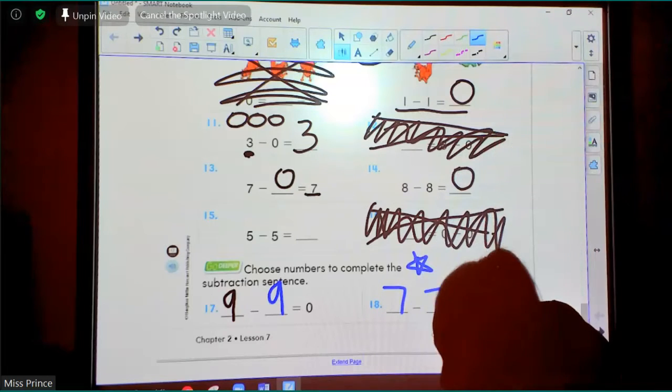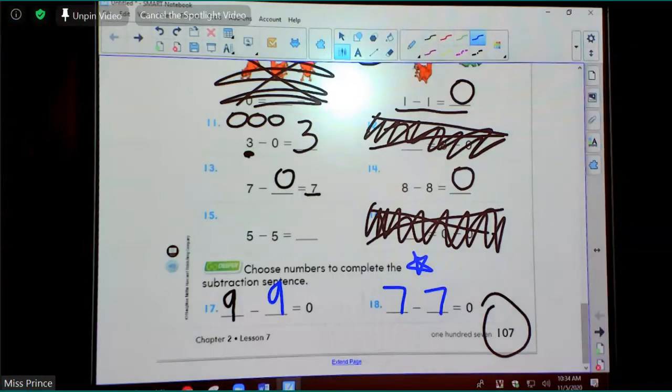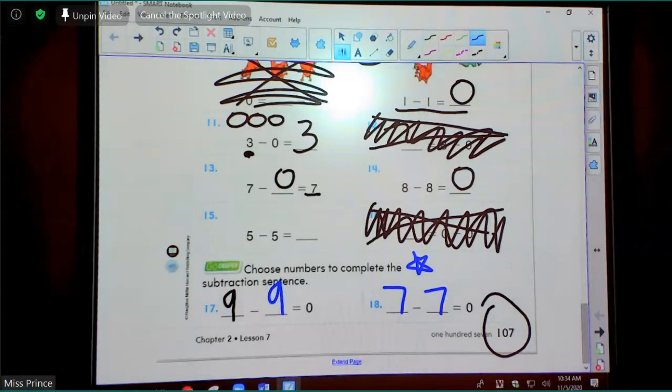All right. Let me show you what you're going to be working on with Miss Cheatham tomorrow. So you guys go ahead and put your books away, put your pencil away, and look at the screen.